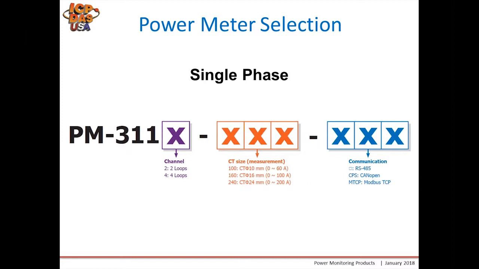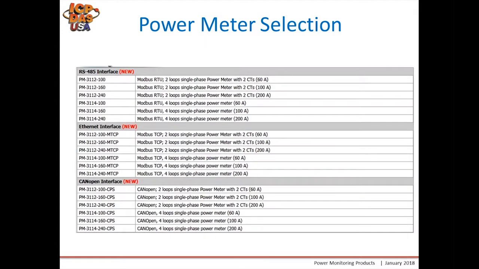Most of these are very similar to our three-phase ones, just for single phase. So again, the first section is Modbus RTU, the second section Modbus TCP, and the third section CANopen protocols. And we have various models with both 2-loop and 4-loop versions, and CTs are included with all of these models.